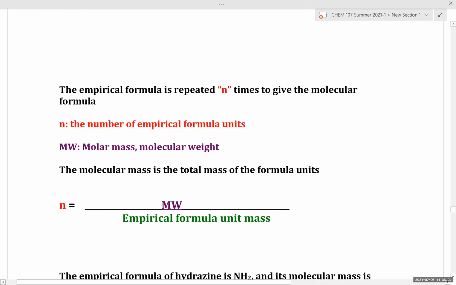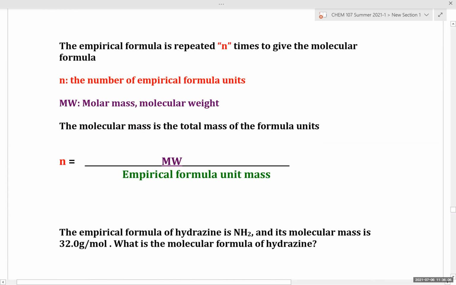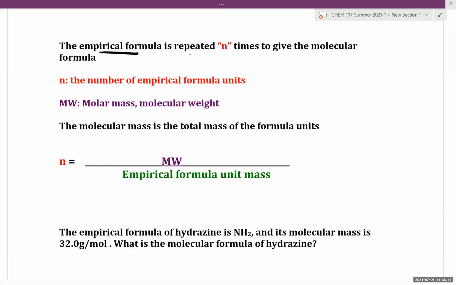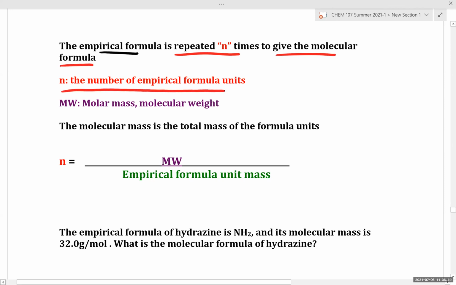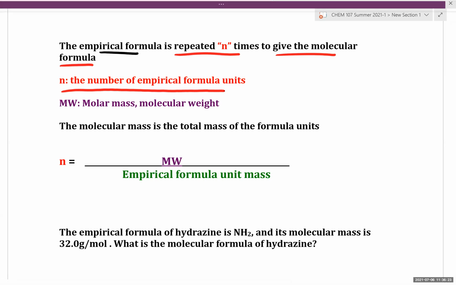Now, if we think a little bit about the empirical formula, you can think of it in this way. The empirical formula is repeated n times, where n is a whole number, to give the molecular formula. n can be thought of as the number of empirical formula units.